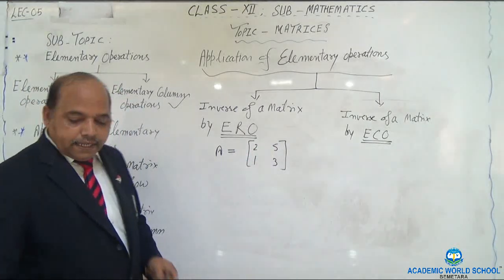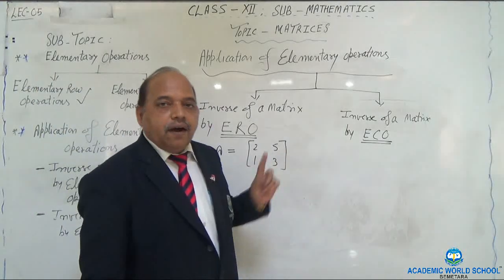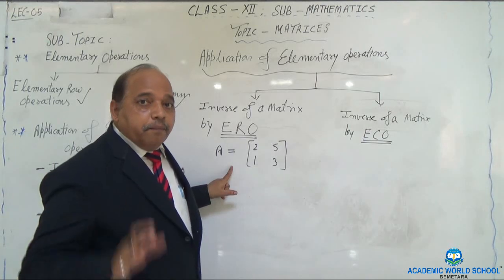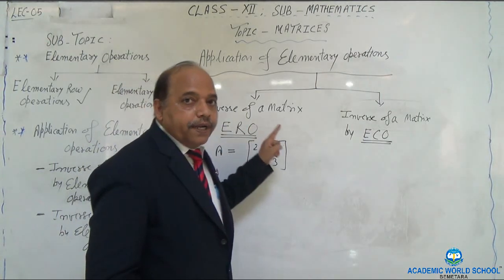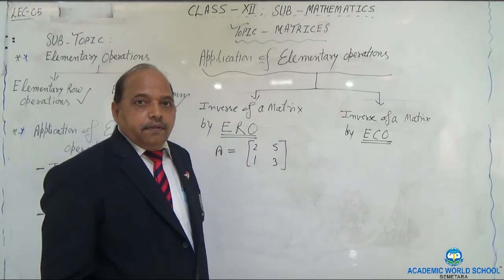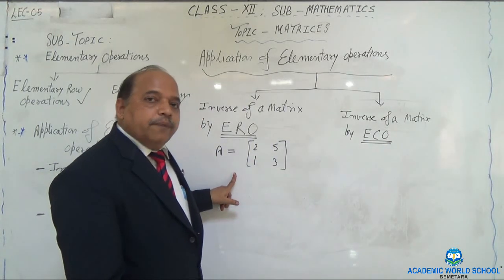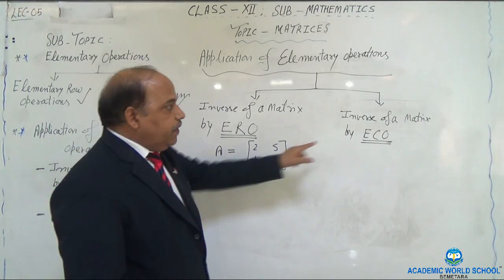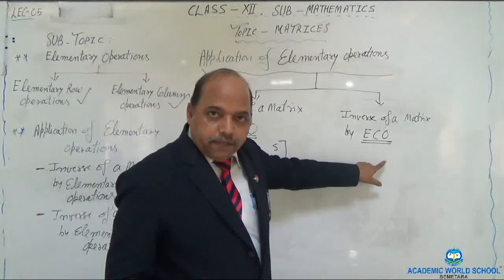Please understand, we want to find the inverse of this matrix by using elementary row operations. We will take one more example, and over there we will be applying elementary column operations.